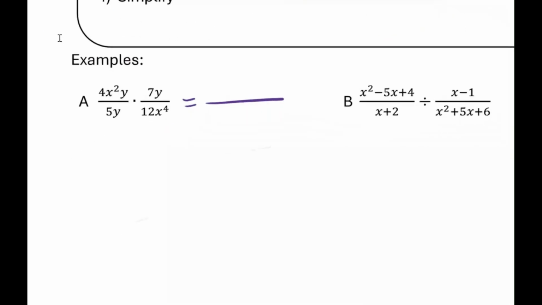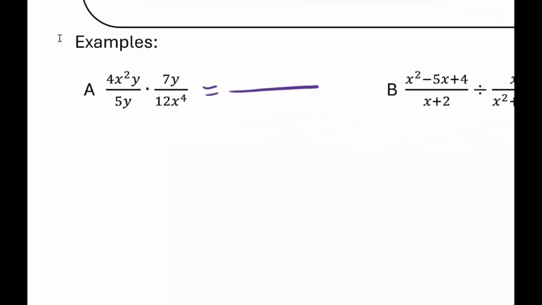All right, so as I'm looking at this problem, I could probably simplify before I multiply, right? Because if you multiply straight across, we're still going to have to simplify our final answer, so we might as well simplify early. I see 4 and 12. That can simplify to a 3 on the bottom, right? I've got a y on top, y on bottom. I've got some x's on top.